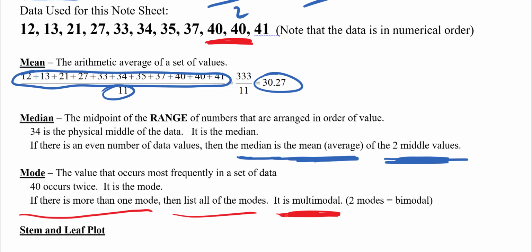If it's 2 modes, it's bimodal. If it's 3 modes, it's trimodal. 4, quadmodal, but no more than that; you say it's multimodal. So those are our 3 ways to measure average: mean, median, and mode.